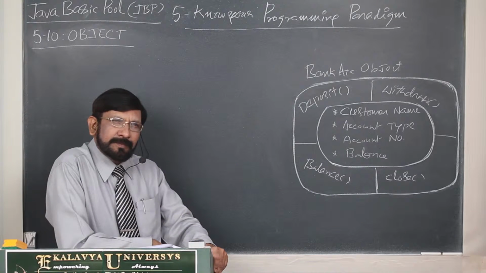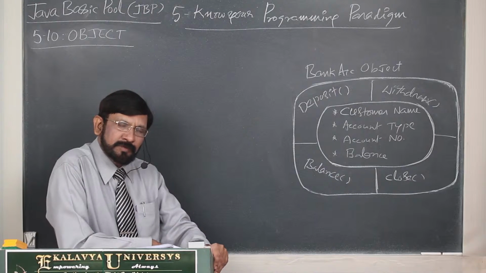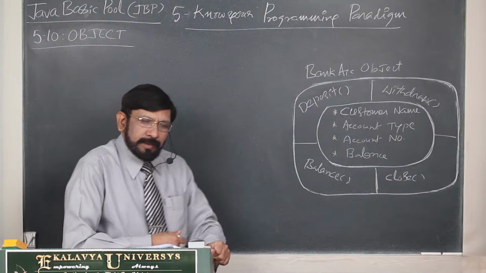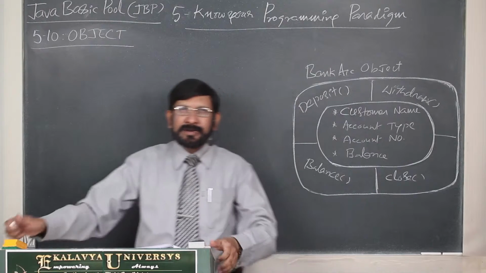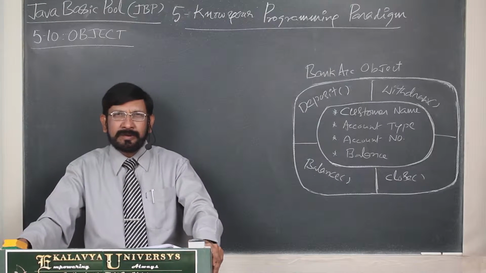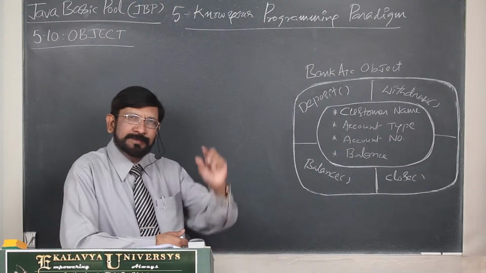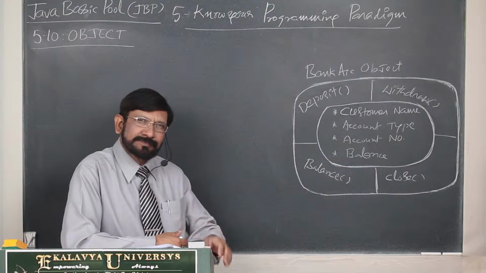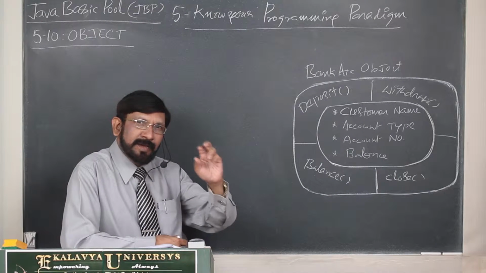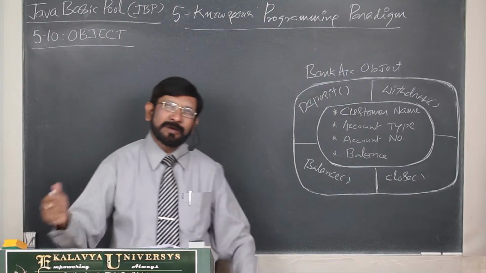Actually, whenever you have to develop a software project in WOOP, then you have to first understand the problem and define it. Thereafter, in analysis, you have to identify objects. In object-oriented analysis, you have to identify objects in the domain. This is the very crucial job.